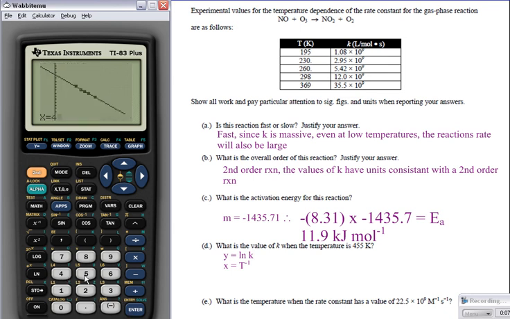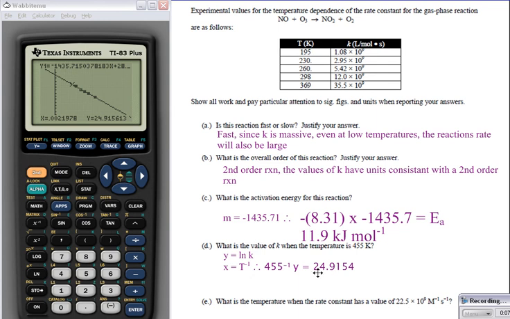455 to the minus 1, and we find that y at that value is 24.9. So we can't just say that that's our k value, because remember, y is not just k, it's the natural log of k. So we need to get rid of the natural log by raising e to this value.